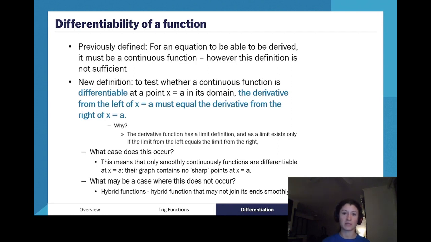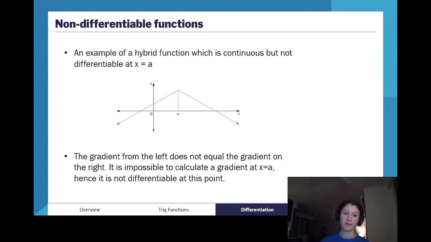What this essentially means is that there are no sharp points. So when might we have sharp points? In a hybrid function or a step function. In this example, we have a hybrid function. As you can see at a, we have that sharp point, and that means at that point our graph does not have a derivative.